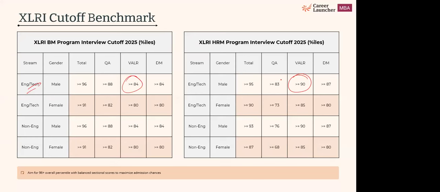Quant is slightly lower for HRM as compared to BM, and DM is usually similar for both, but there is occasionally a minor variation. VLR, quant, and DM last year's percentiles were in the range of 10 to 14. Okay. So you know where you have to work.